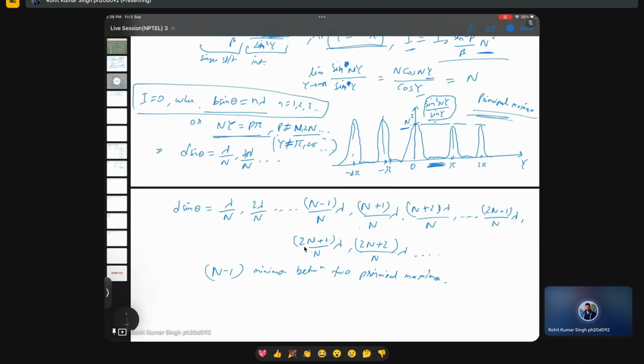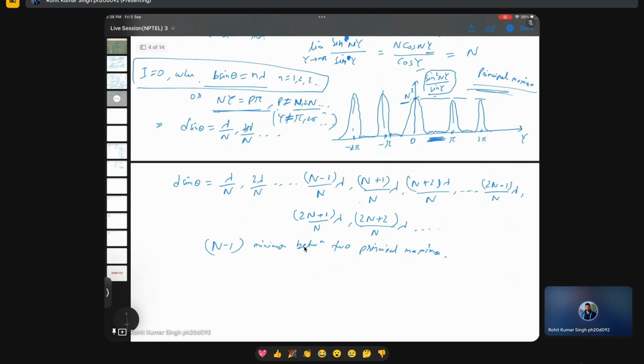But whenever p equals an integer times n, then you will get the condition for maxima. Other than those, whatever values you have for gamma will correspond to minima, and so these are the values for minima. As we have seen there, this is one set of minimas.